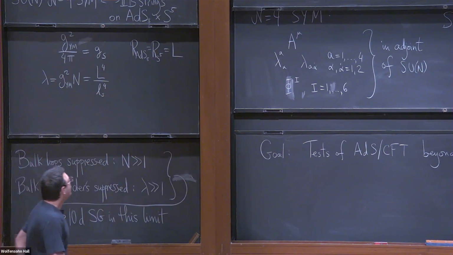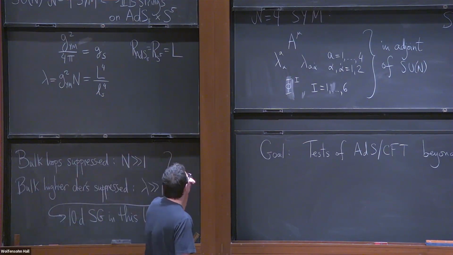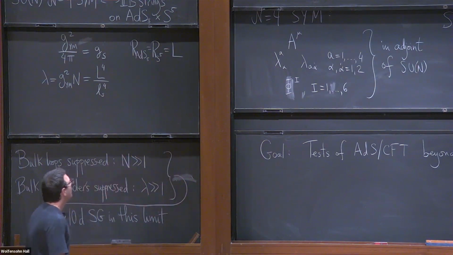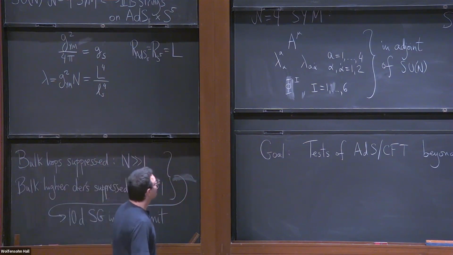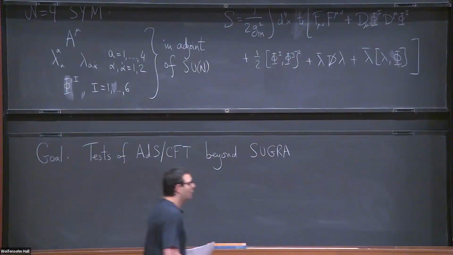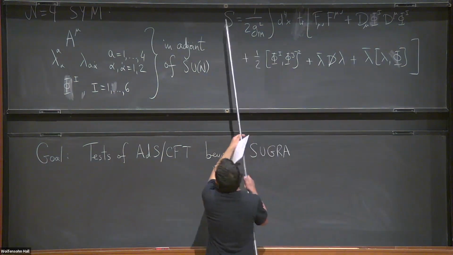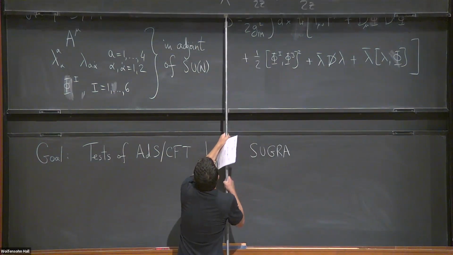So AdS5, I introduced it as that hyperboloid embedded in R^{4,2}. And I wrote down, just to remind you, the parameterization in terms of the coordinates t, x, and z. Maybe I can also write down the metric in these coordinates.